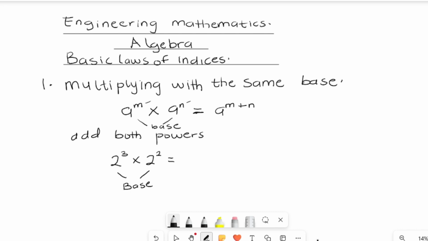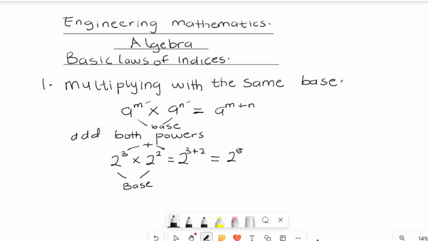So the thing we'll do is we'll multiply their powers, or their index, 3 and 2. Now for us to multiply the powers, we simply add both powers. So we'll have our answer to be 2 raised to power 3 plus 2, which will give us 2 raised to power 5.